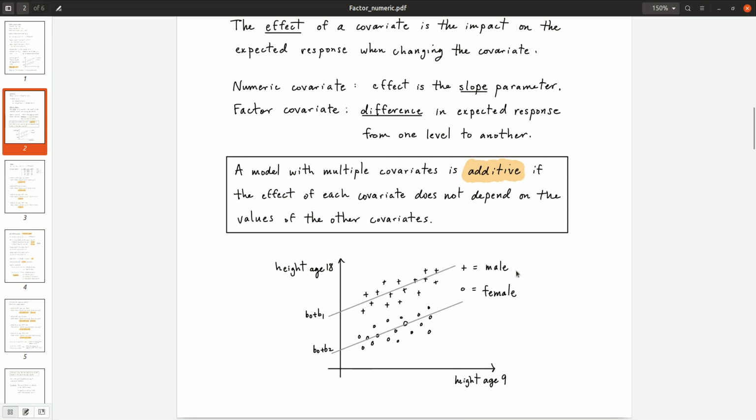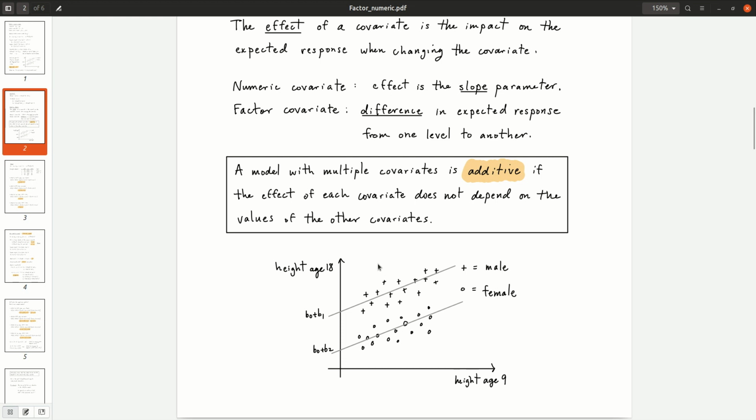I've just copied this down here. And before we get into mathematical details, what I want to show you is how this works in a picture. All right, so if we think about what's the effect on the expected response of changing the level from female to male.